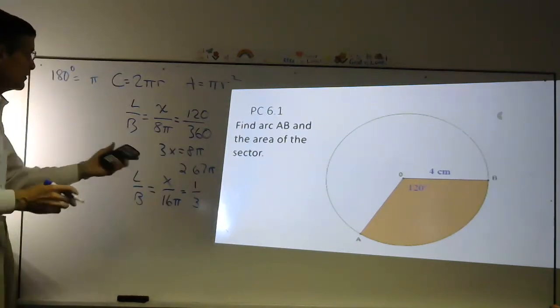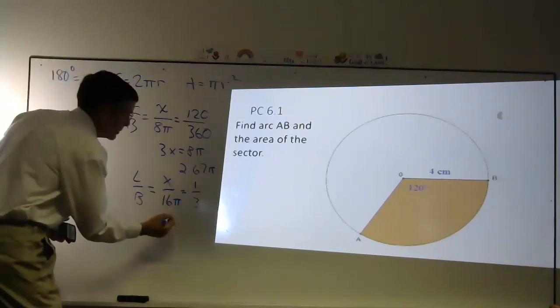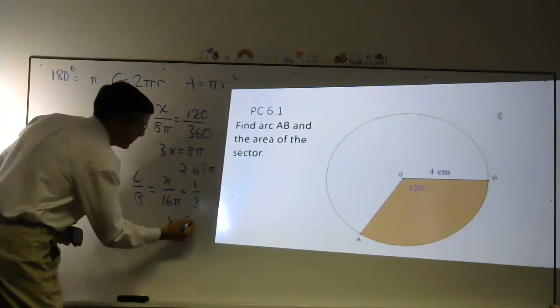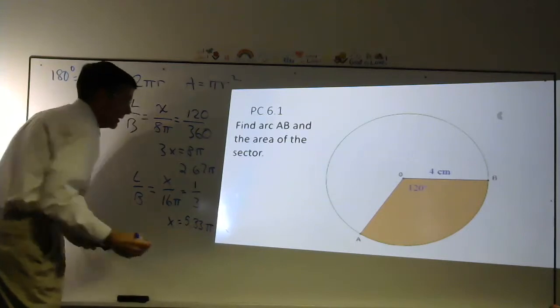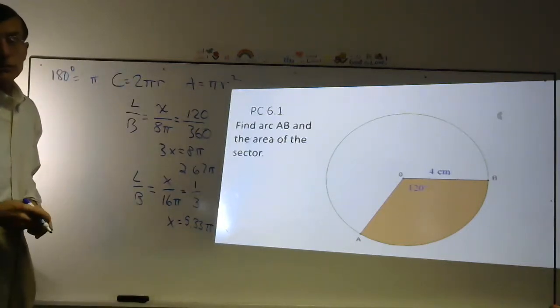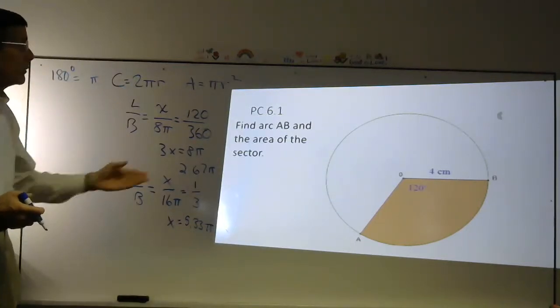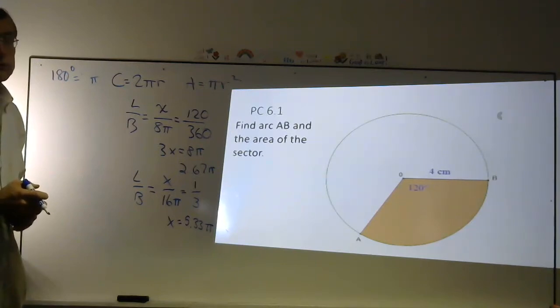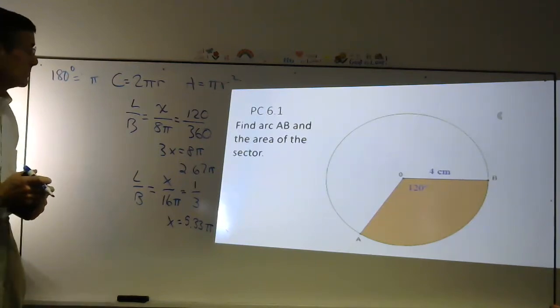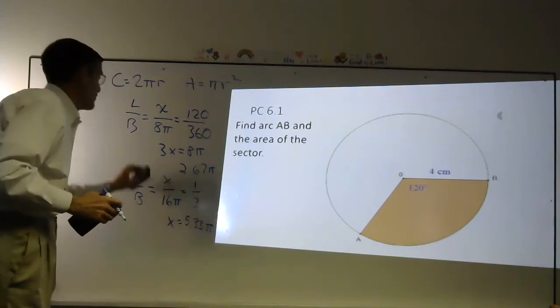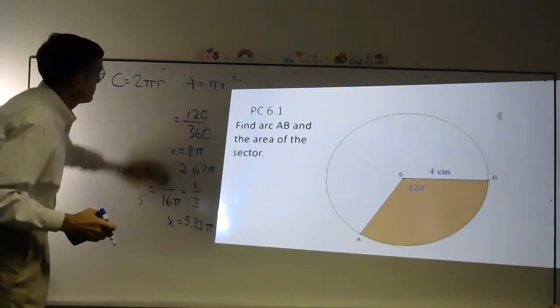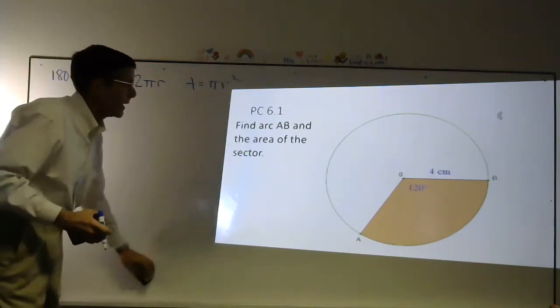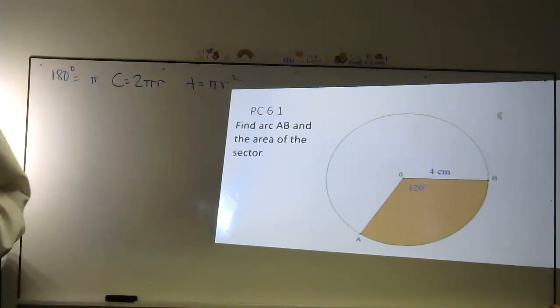You get 3x is 16 pi, or you're going to get x is 5.33 pi. You can either leave pi in your answer, or you can multiply 5.33 times 3.14. I don't care. I think this is probably the easiest way to do the problems. There's a lot of different ways I could show you how to do these.